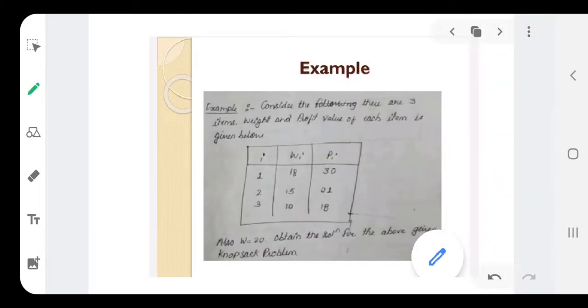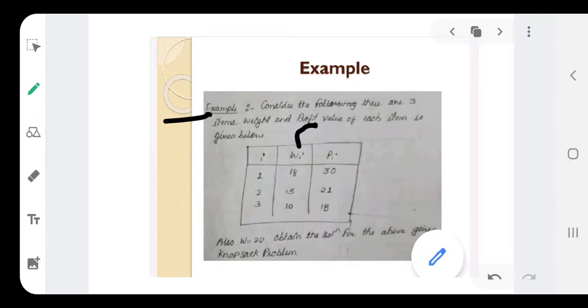To understand it more, let us consider one example. Here we are considering three items. The weight and profit values of each item are given.